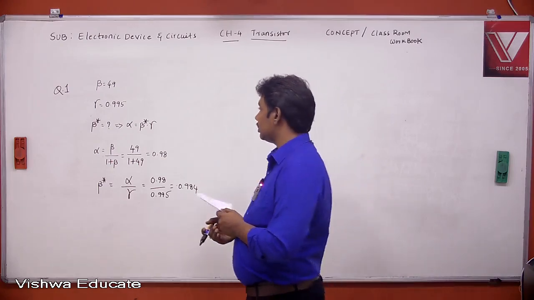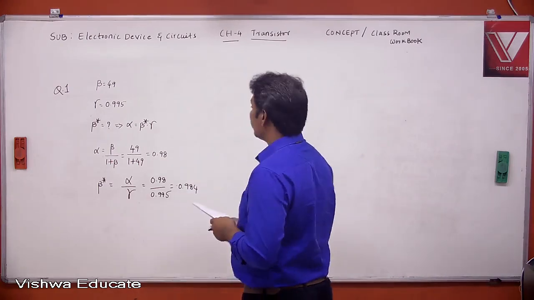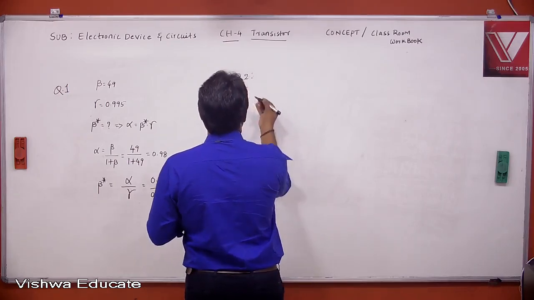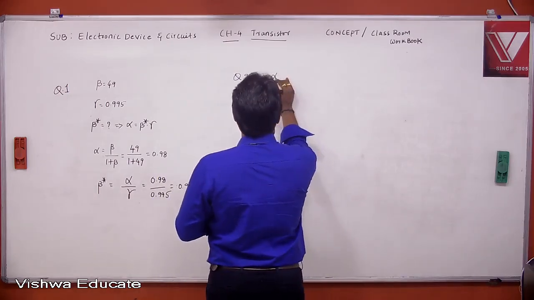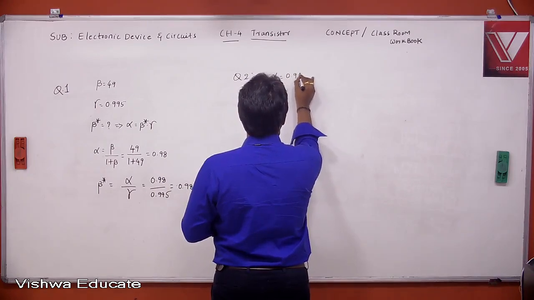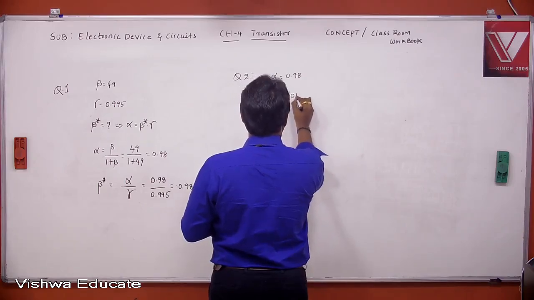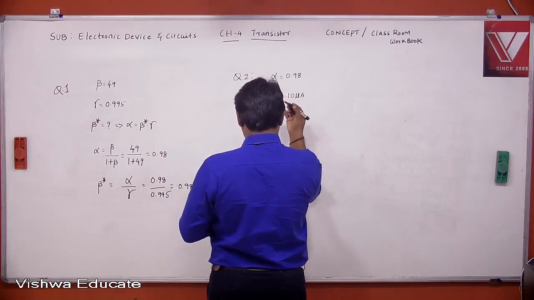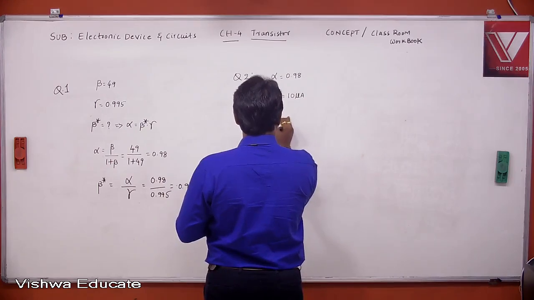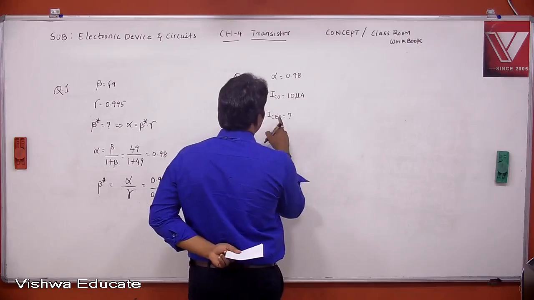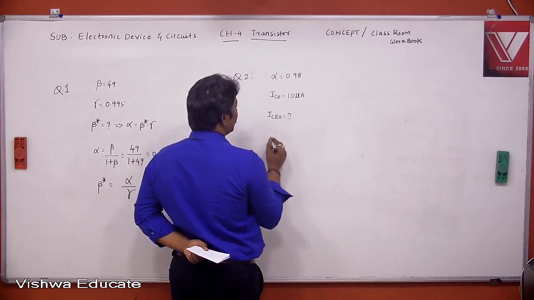Right. All of you read the question once. Question number 2. Alpha is 0.98 and IC naught is 10 microampere, and we want to calculate ICEO. Any relation between ICEO and IC naught?